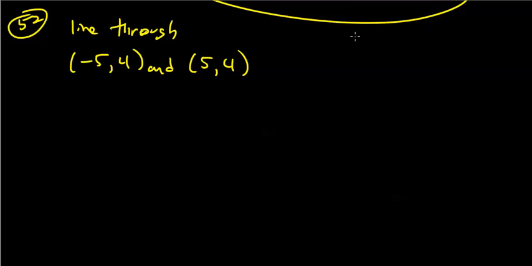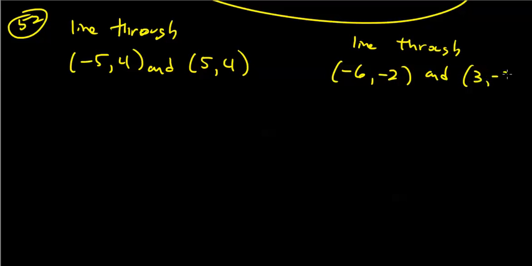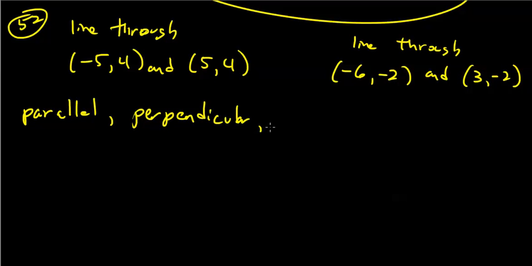And we're also asked to consider a line through 2 other points, (minus 6, minus 2) and (3, minus 2). And we are asked the question, are these lines parallel, perpendicular, or neither?